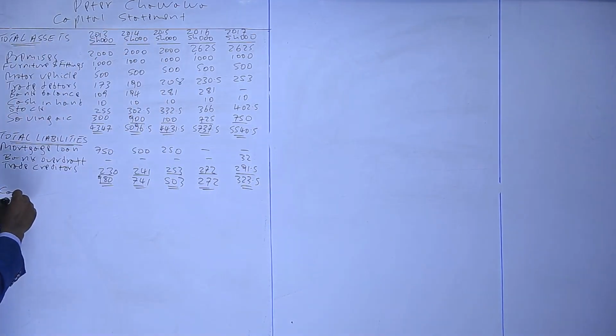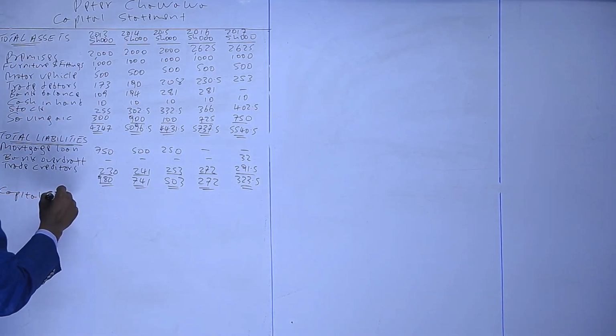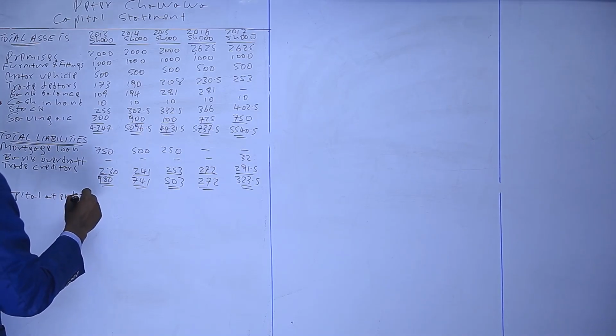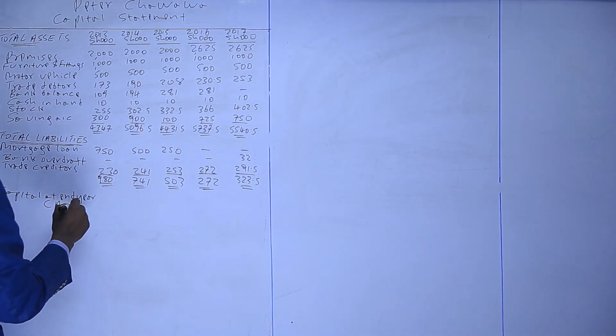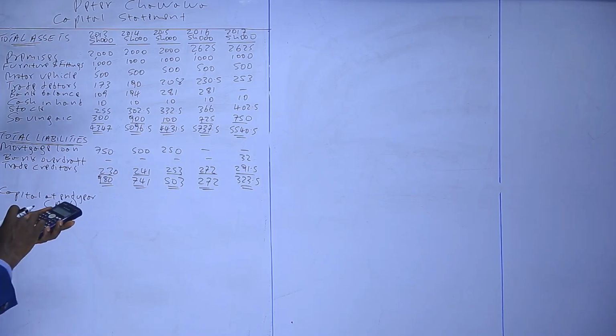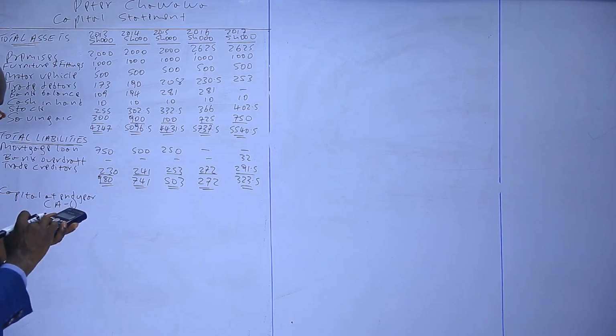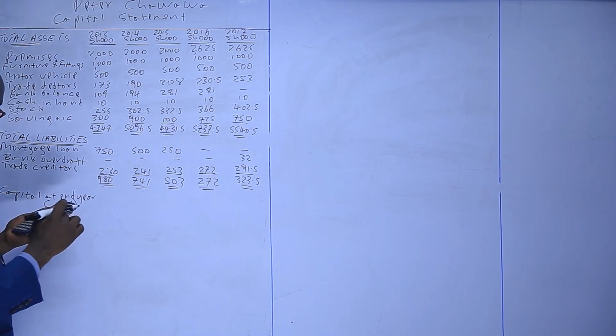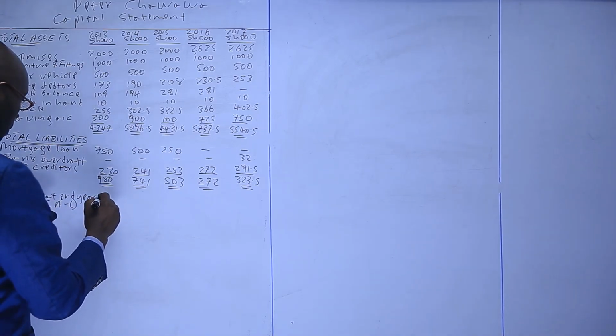Now we can get the capital at end of the year. That is assets minus liabilities. So it will be 4347 minus 980, giving us 3367.